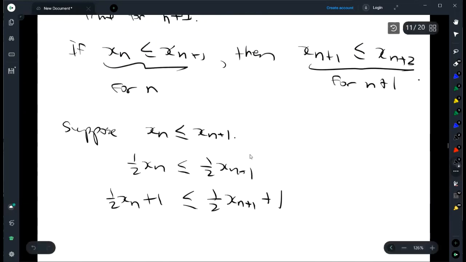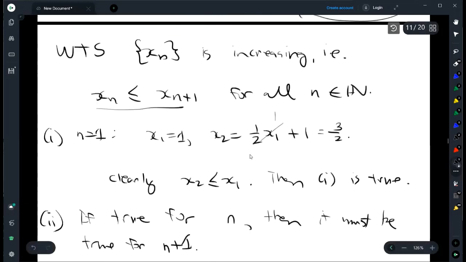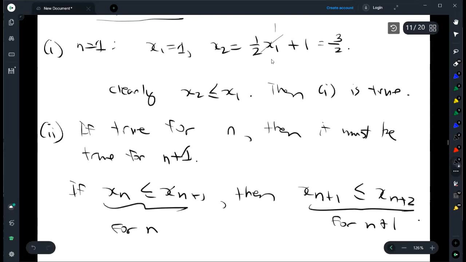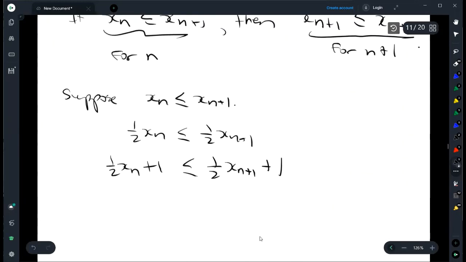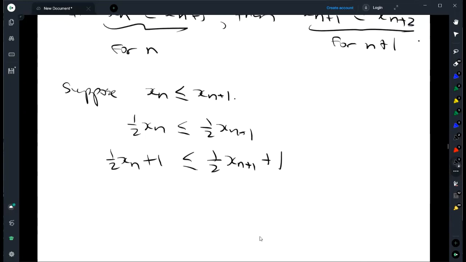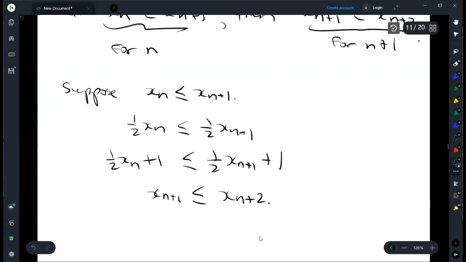So from the definition of x sub n, notice that the left-hand side is just x sub n plus 1, which is less than or equal to x sub n plus 2. And that proves part 2 of the claim.